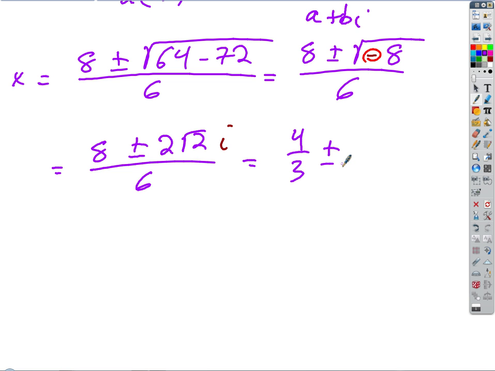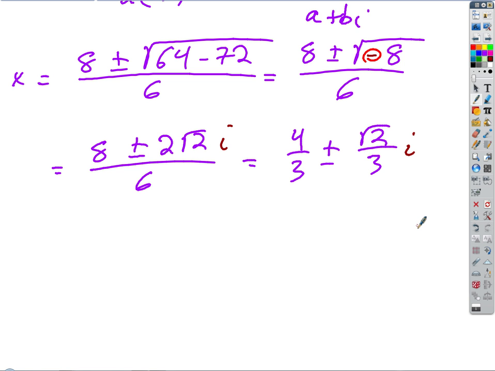What could I divide each of those by? 2, right? So on the top I'd get 1 times the square root of 2, and I wouldn't even write the 1 then, would I? 1 times the square root of 2 is just the square root of 2. On the bottom I'd get a 3, right? And then I'd get my i.